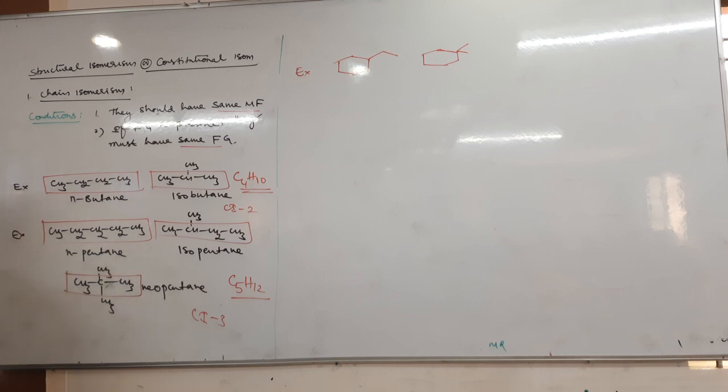Right, so note, first point: a molecule having minimum 4 carbon atoms can exhibit chain isomerism.